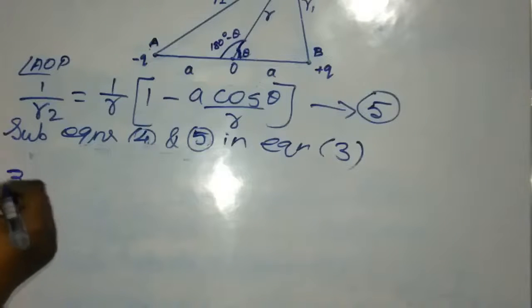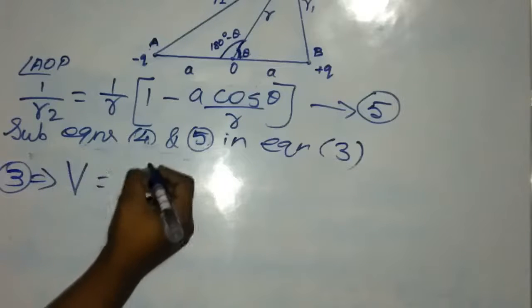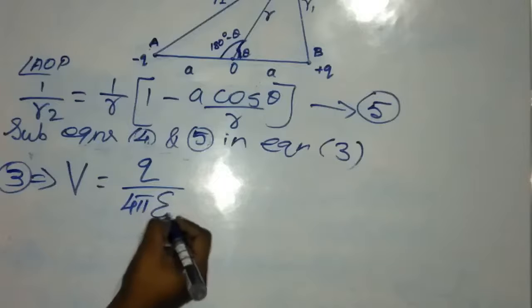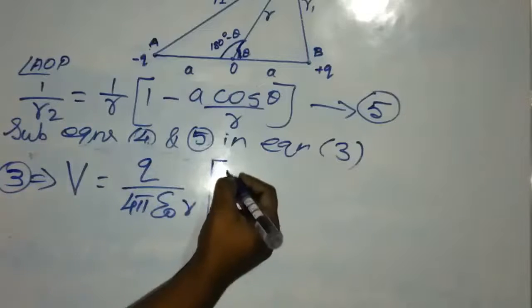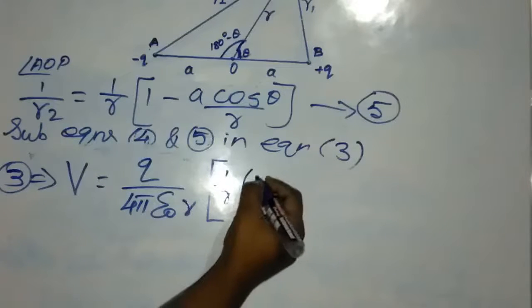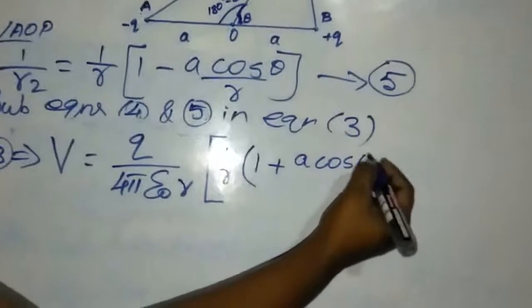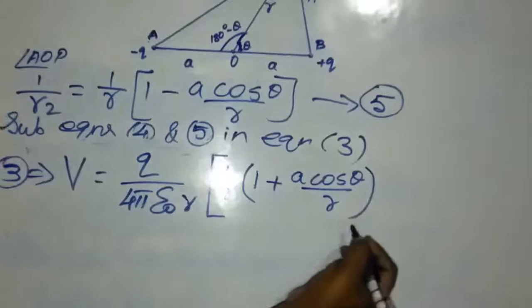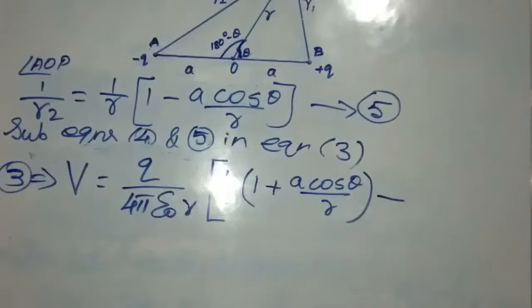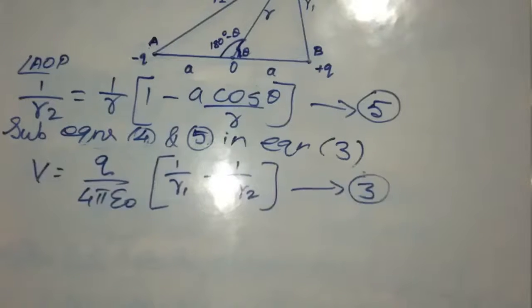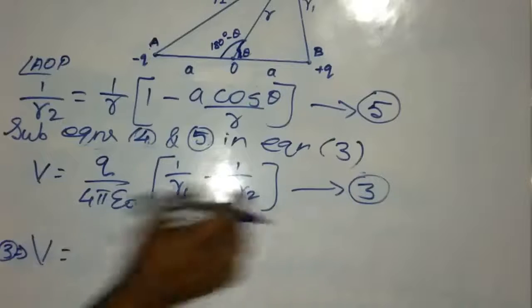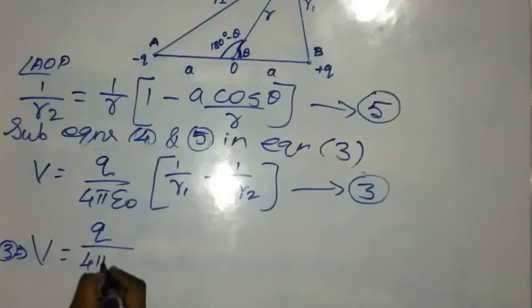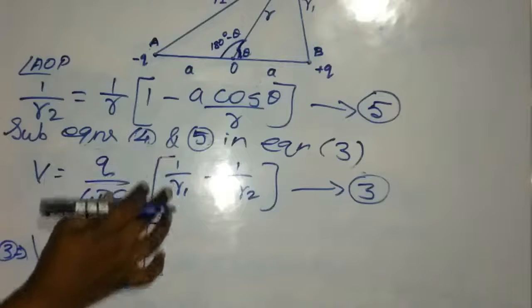So from equation 3, V equal to Q by 4 pi epsilon 0 into 1 by R1.